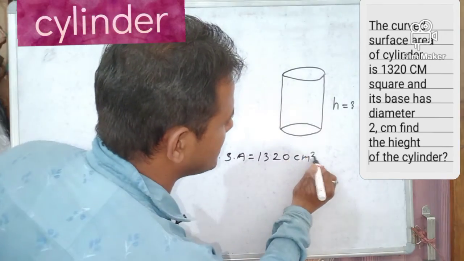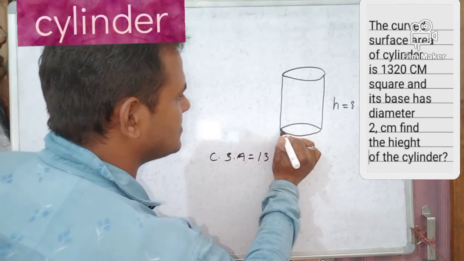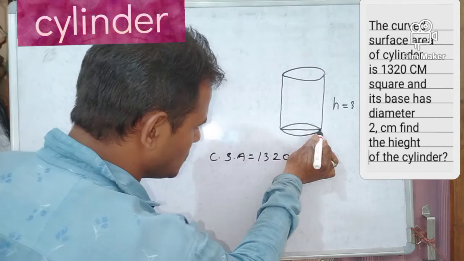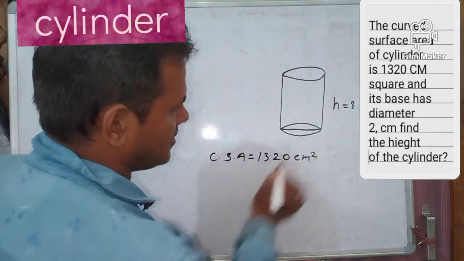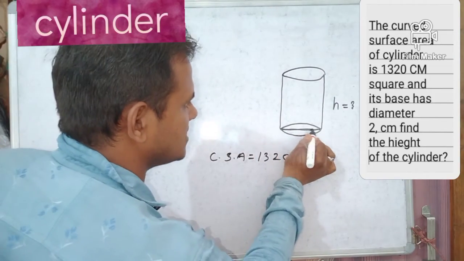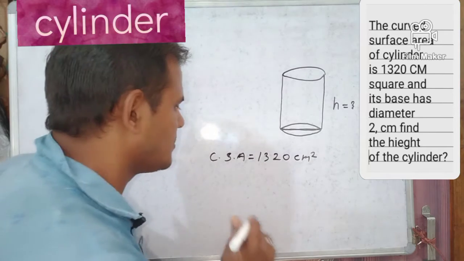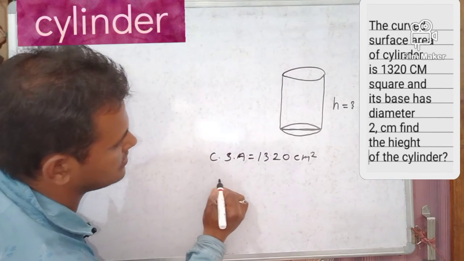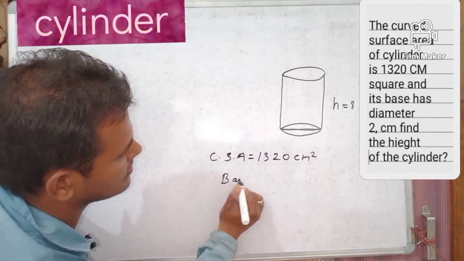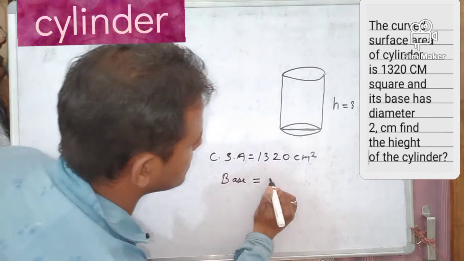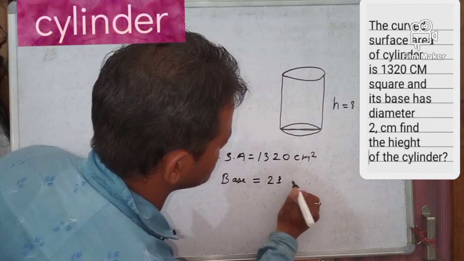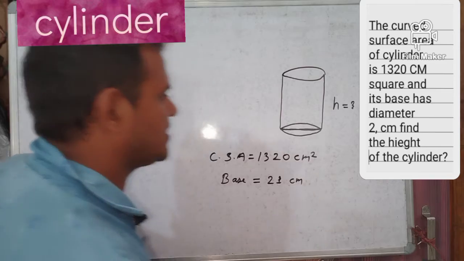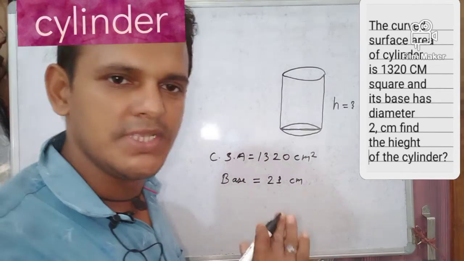Diameter is given. Diameter means the total distance across the circle. The base is given, 21 centimeter. Our target is to find the height of this cylinder.